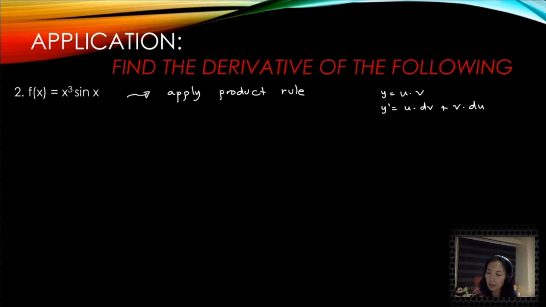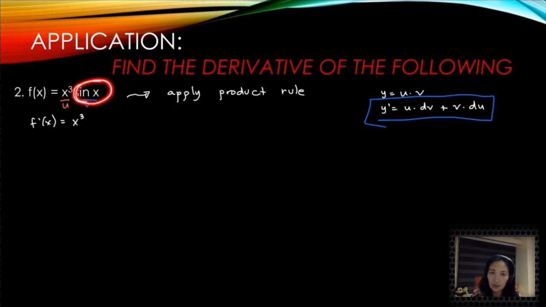Let's apply that here. What will f prime of x be? Here, your u is x cubed, and your v is sine x. So applying this rule, u dv plus v du, then f prime of x is equal to u, x cubed, times dv, the derivative of sine x.